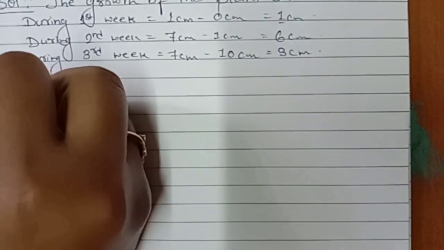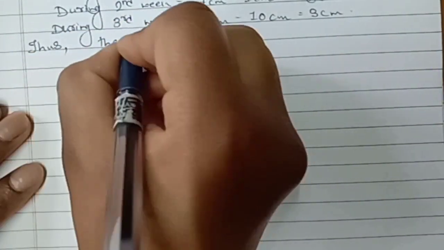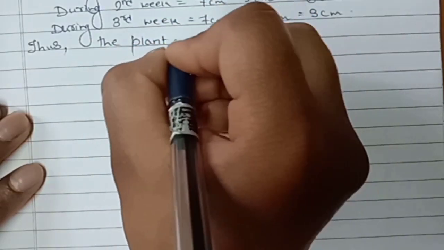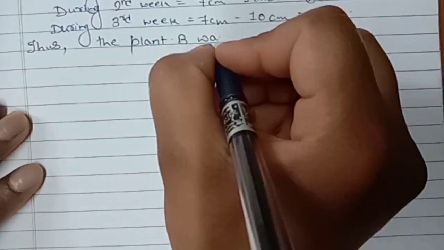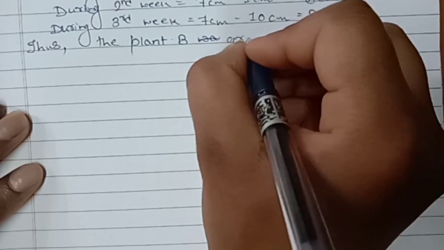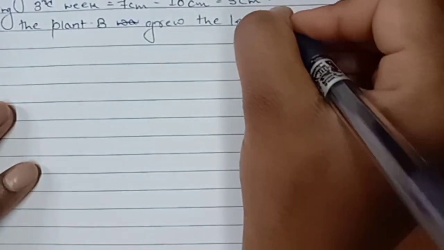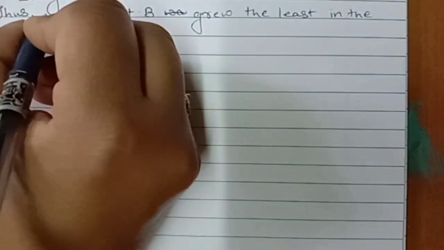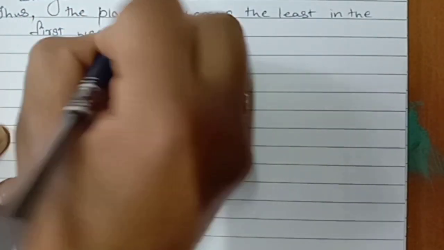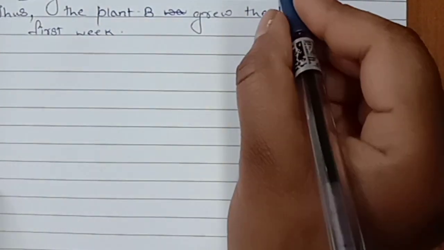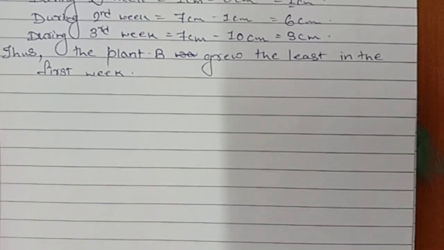Thus, the plant B grew least in the first week. In the first week it's 1 centimeter. So this is solution number F.